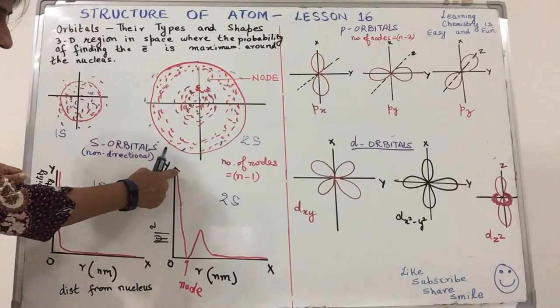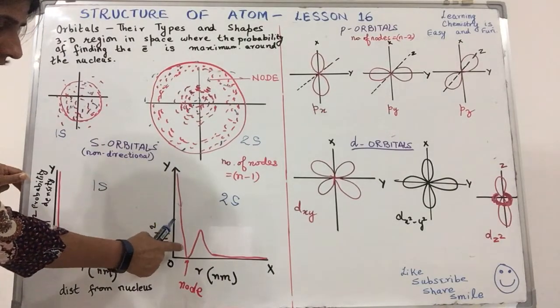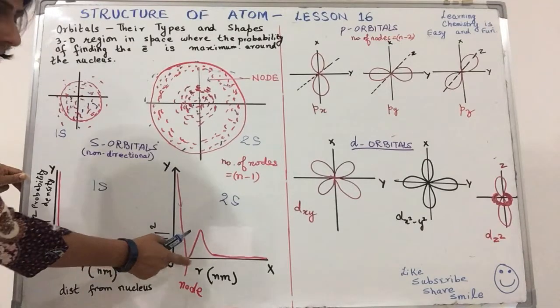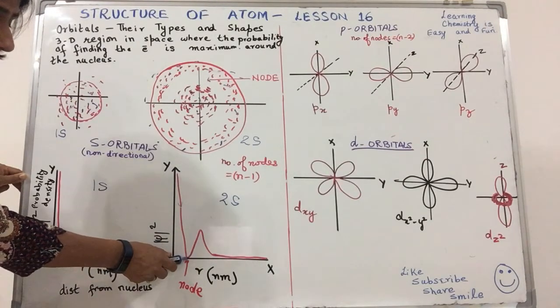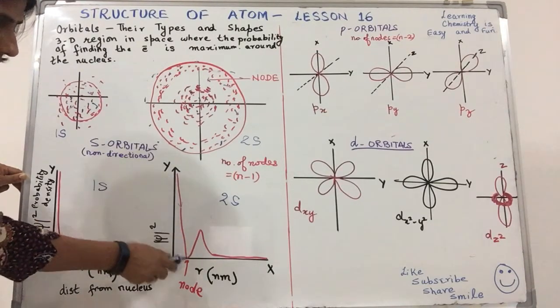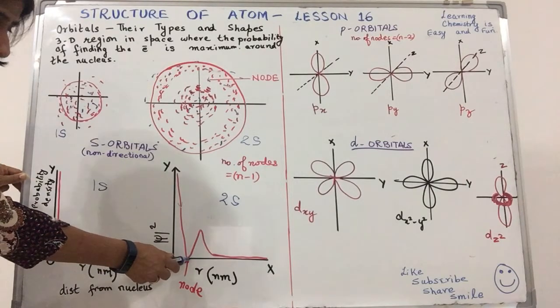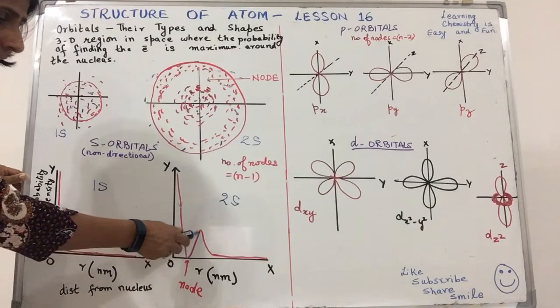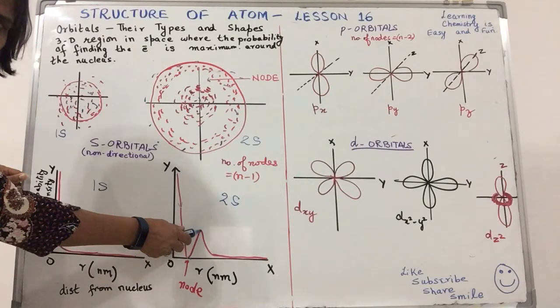So what is happening is, as the distance from the nucleus is increasing, the probability of finding the electron reaches a stage where it is 0. See, this graph touches the 0 on the x-axis. And then again it rises and peaks over here.